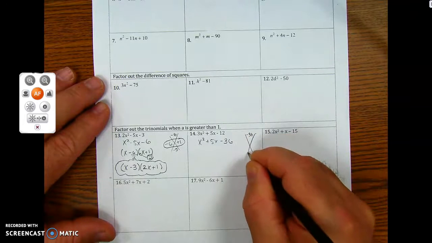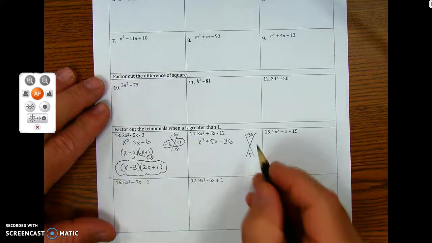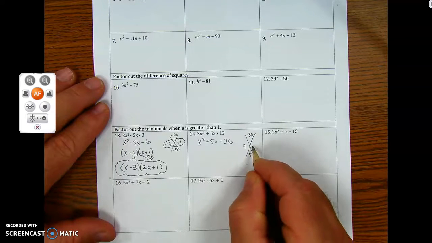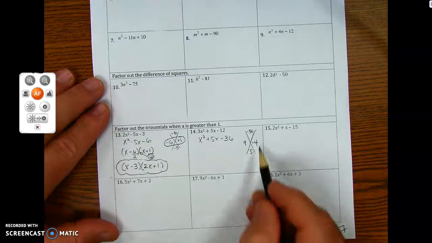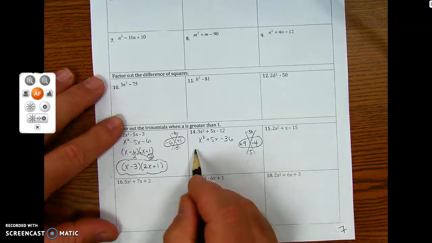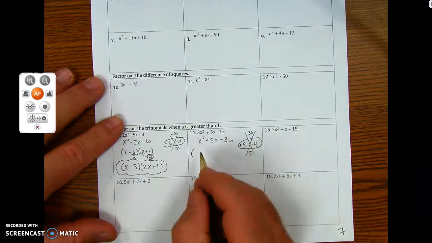All right, 14, 3x squared plus 5x minus 36. -36 in the top, +5 in the bottom. Two numbers that multiply to give you -36 and add up to +5 are 9 and -4. So those are my magic numbers. So I come down here and I do x. Take one of these x's and add 9 to it.